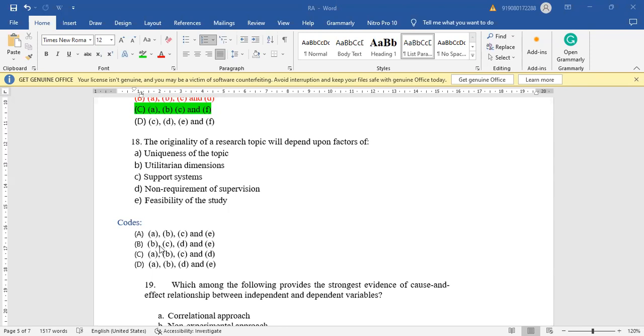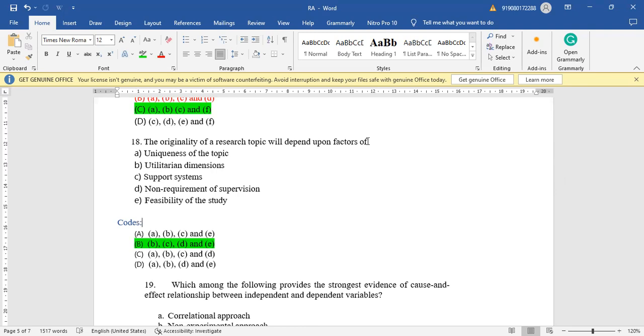Answer A, B. No, B, sir. So A, sir. Yes? No, it's B because uniqueness of the topic, the originality of the research topic will depend on the factors. So originality itself including uniqueness, correct? Yes, sir.